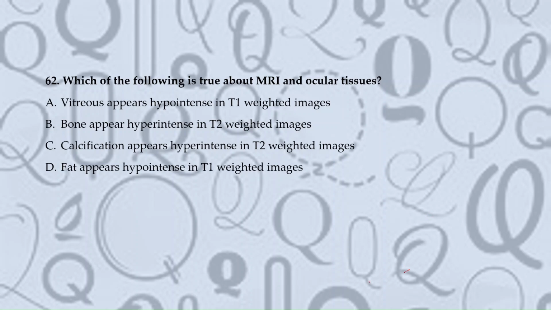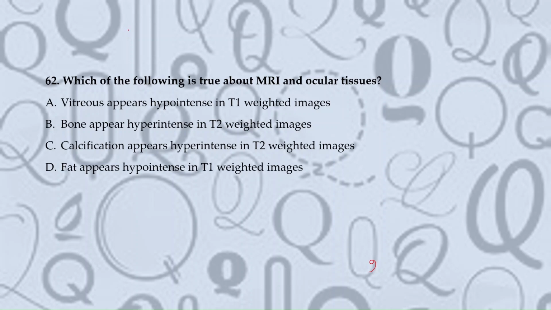Around 67% of these protons, when they are getting back to their original energy level, the time required for this is called T1, whereas the rest, 33% of the protons that need to relax from a higher to a lower energy state, these are termed as the T2 weighted images.